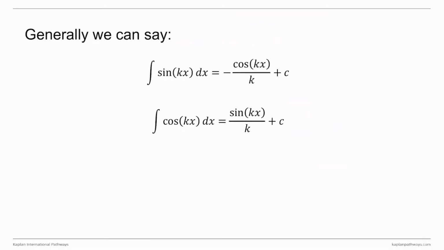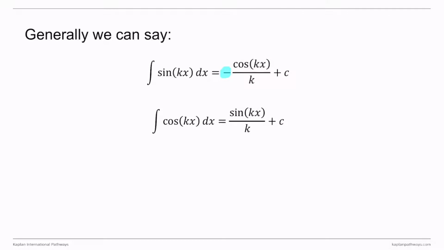Generally we can say that the integration for sine kx, where k is any number, like 5, 3, 1000, whatever, the integration for sine kx dx equals minus cosine kx divided by k. Don't forget that minus here. So that means divided by the derivative of kx.